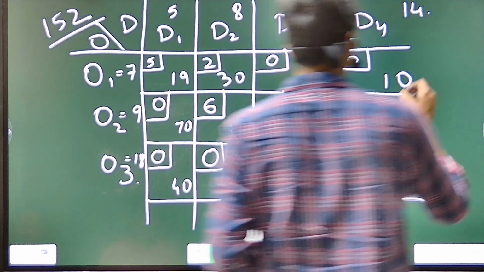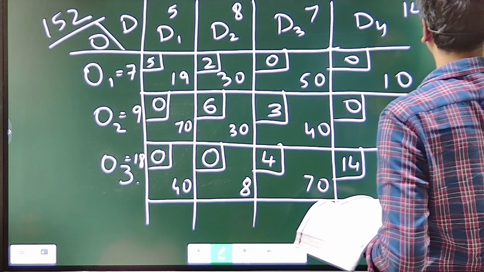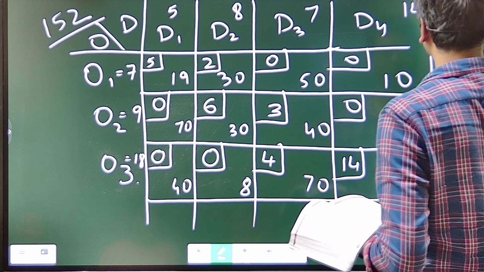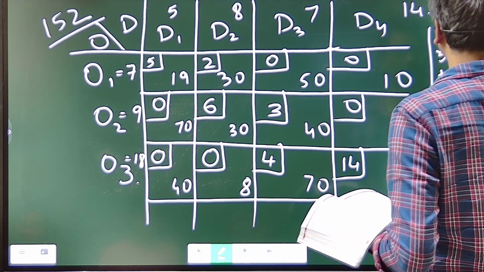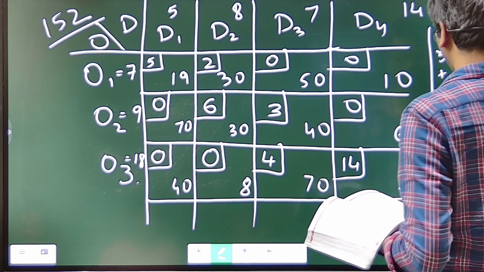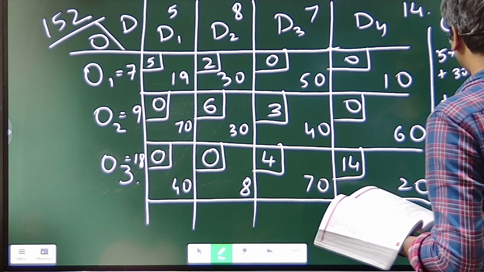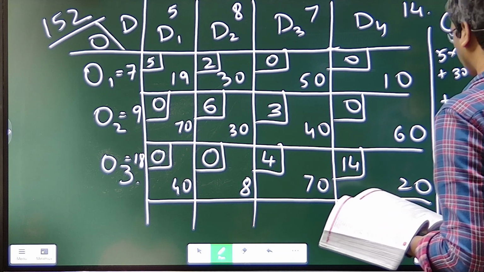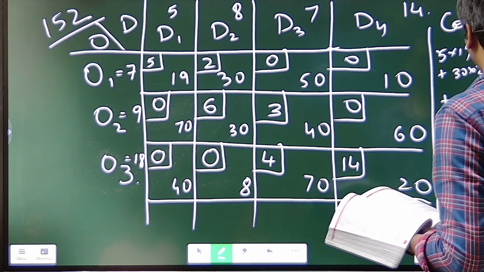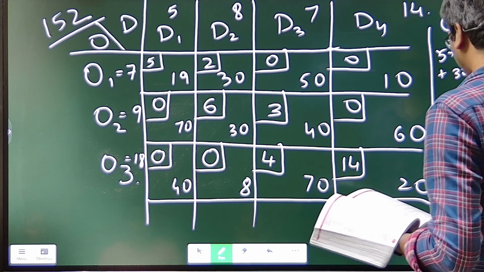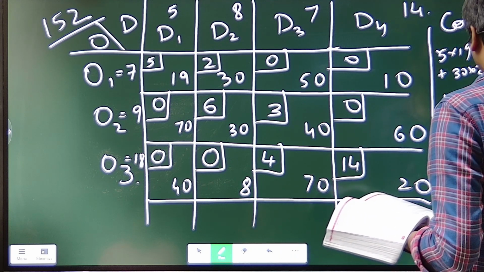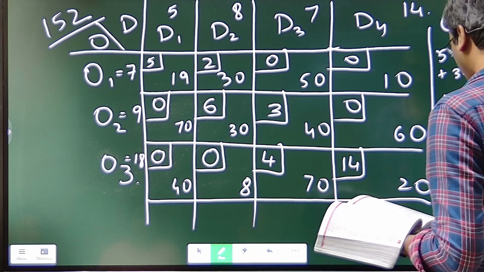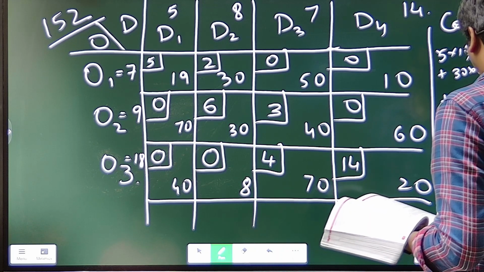Okay? So cost will be nothing but 5 into 19 plus 30 into 2 plus 30 into 6 plus 40 into 3 plus 70 into 4 plus 14 into 20.